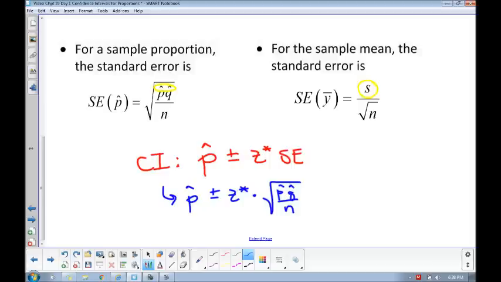Again, a confidence level of 95% says that with repeated samples, 95% of the resulting confidence intervals should contain the true population parameter. Whereas a confidence interval says that we are 95% confident that the true population parameter falls within a specific interval, whatever it is that we calculate.